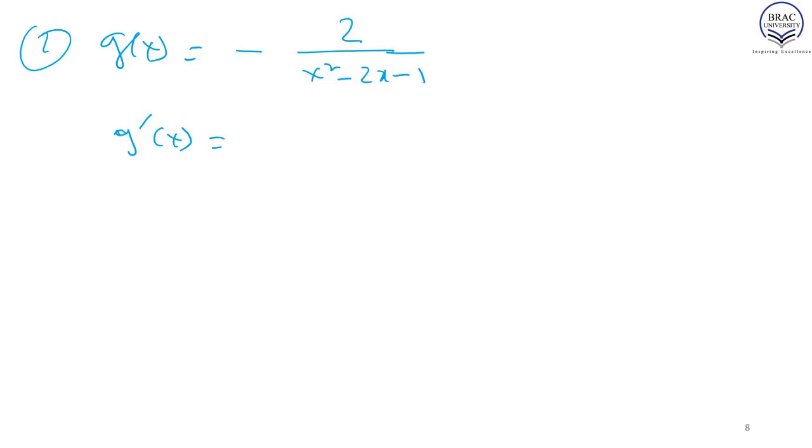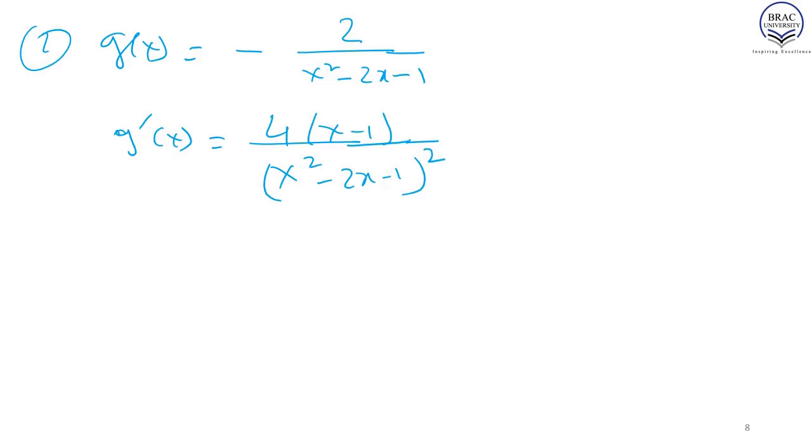But remember, look here. If you take the minus 1 here and take the derivative, minus minus becomes plus, and there is 2x, it is minus 2, so it is 4. So 4 times x minus 1 divided by this x square minus 2x minus 1, whole square. That is our g prime of x.